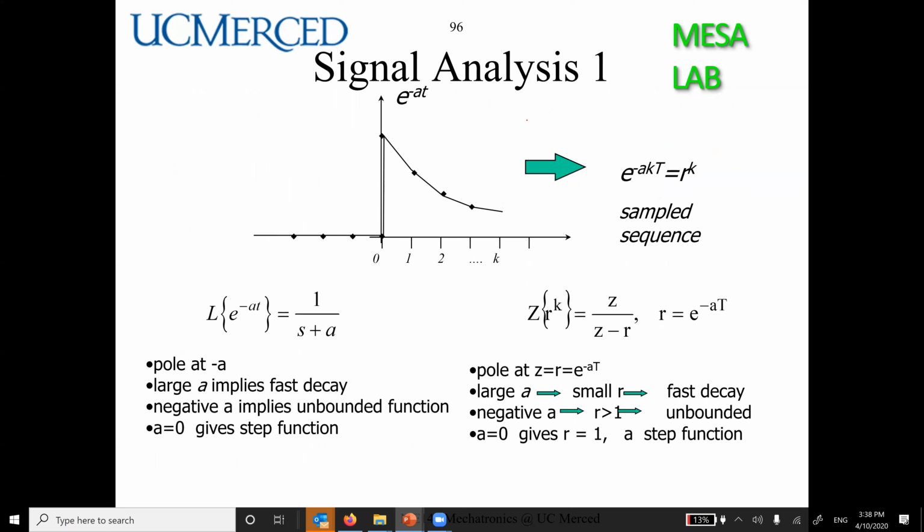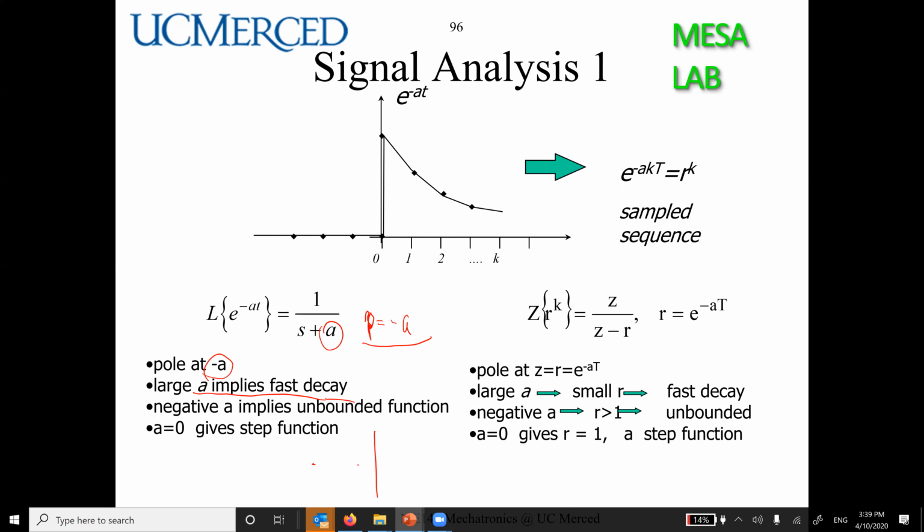Okay, we return back to this one. Remember that s equals minus a is your pole, with a positive. If a is bigger, that means you have a faster decay.